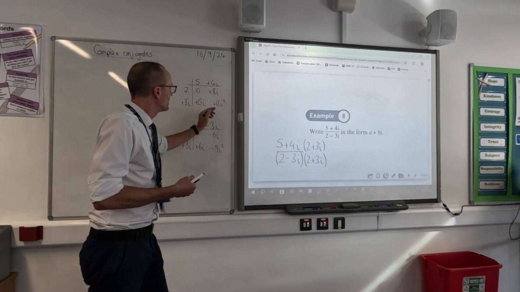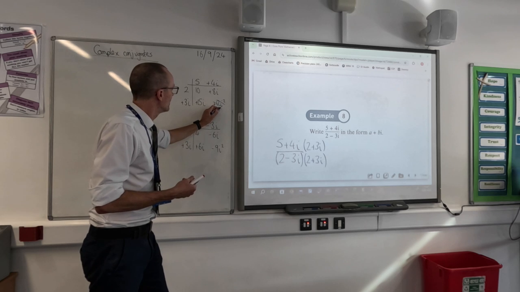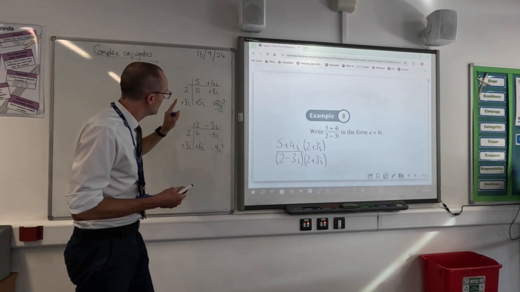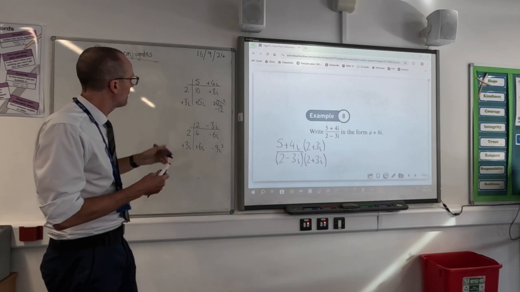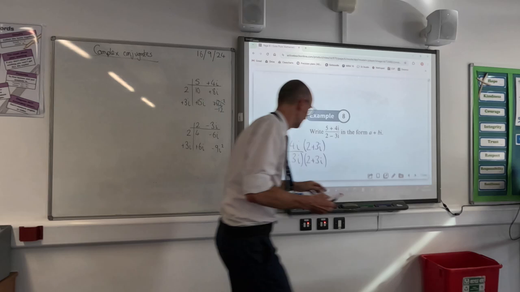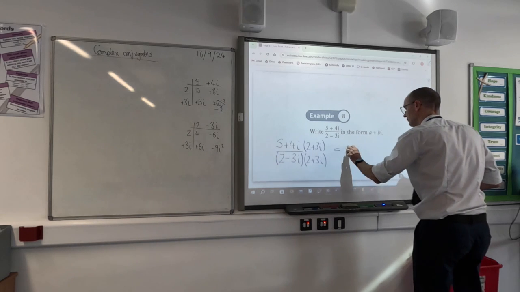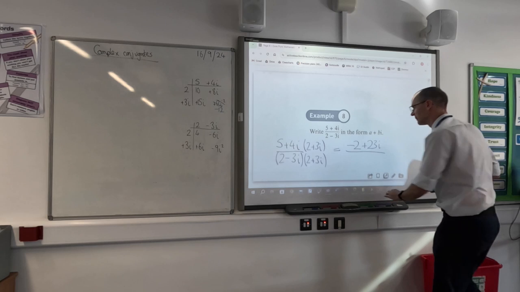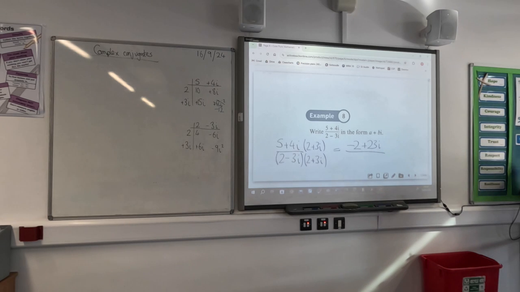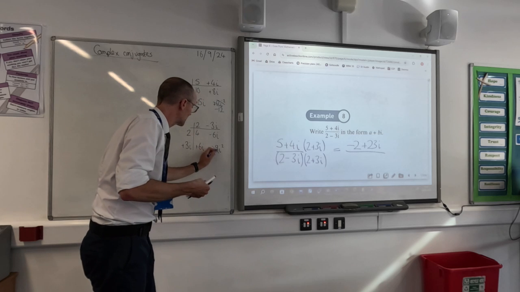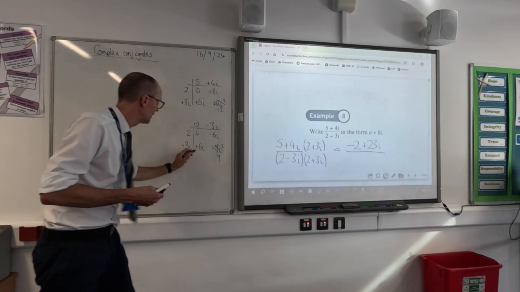So i squared is minus 1, so that becomes minus 12. So my numerator becomes minus 2 plus 23i. And my denominator, well, i squared is minus 1, so that's going to become plus 9.